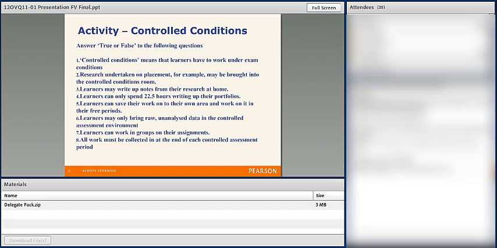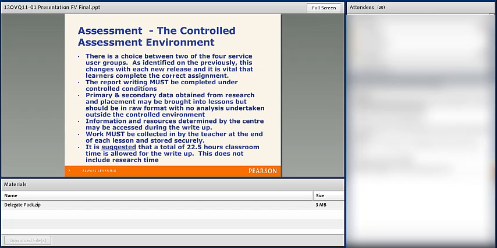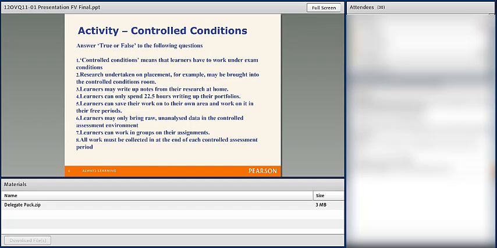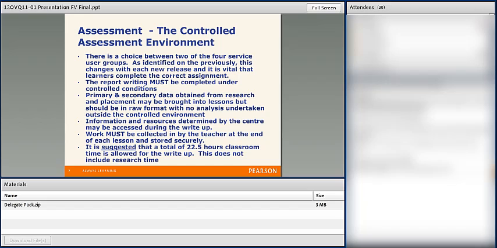Okay, so if we go through these questions then, controlled conditions means that learners have to work under exam conditions. In fact, that is false, in terms of exam conditions being the desk with the student not allowed to talk to anybody and not allowed to talk to you. They don't have to do that.